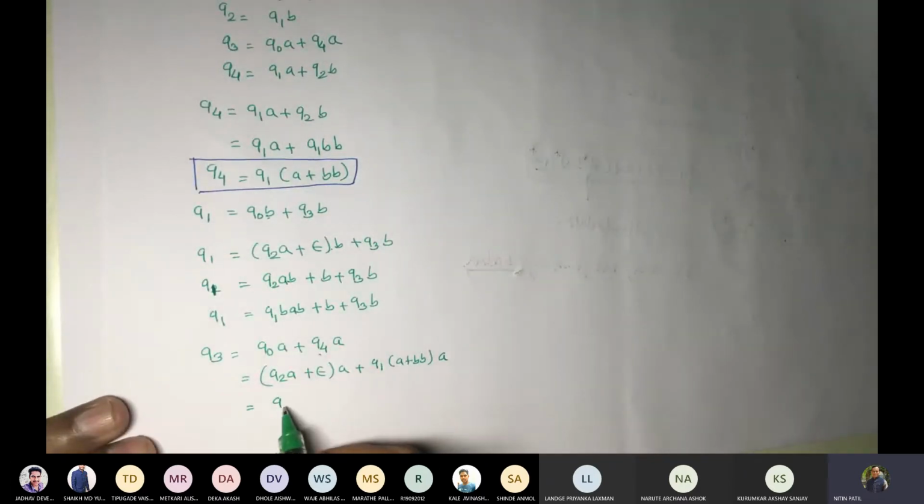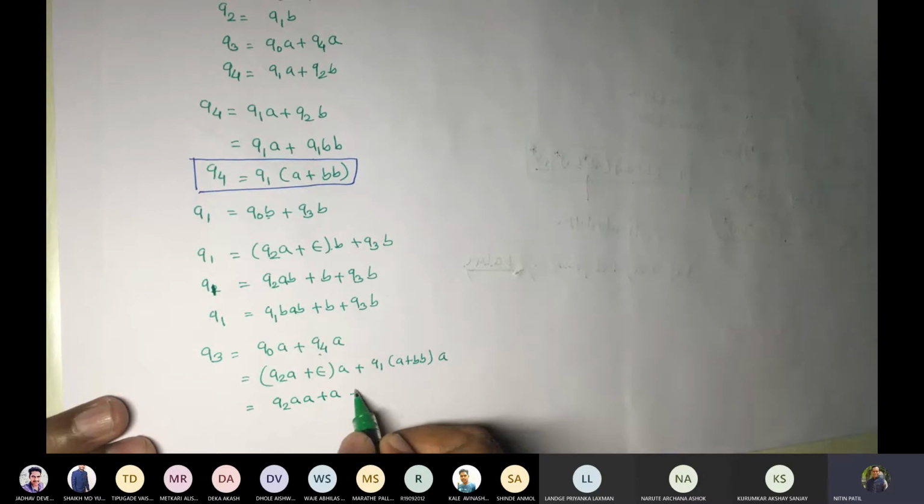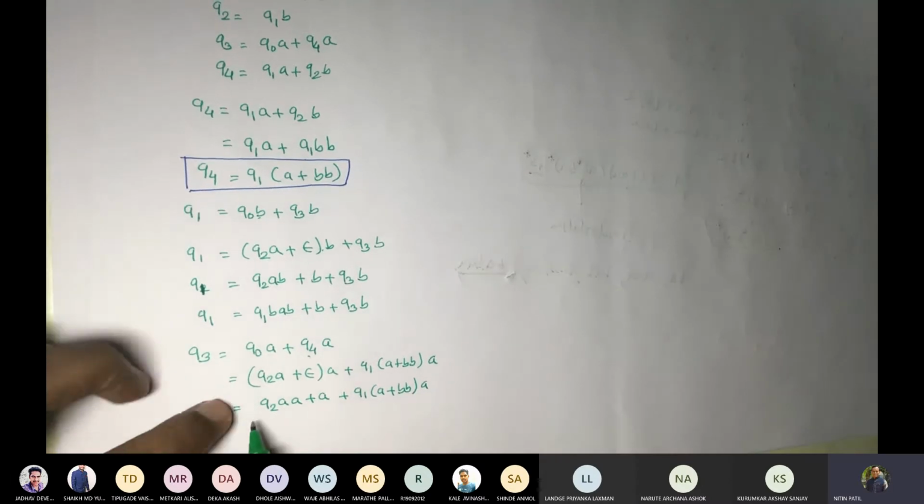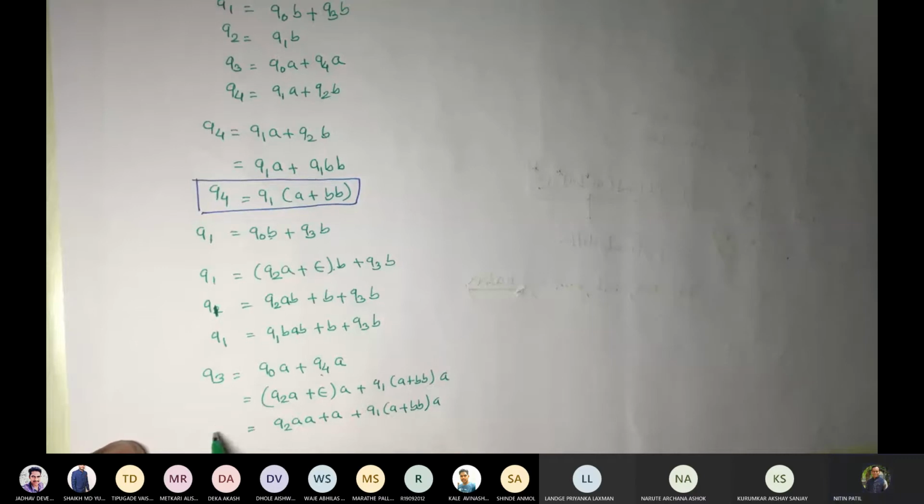Let us simplify this. Q2AA plus A plus Q1 A plus BB. Now what is Q2? Above, Q1B. So Q2 is Q1B, correct?